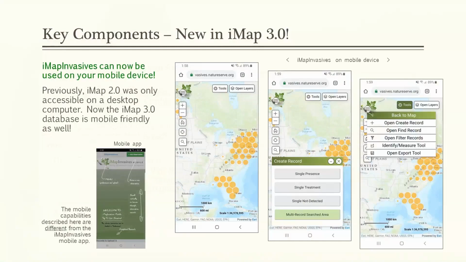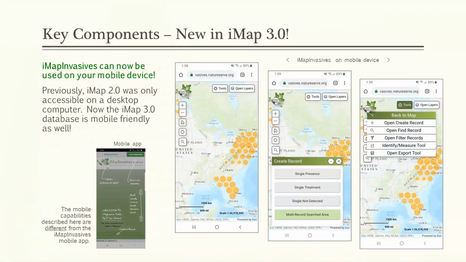iMap is also now a platform that can be used on your mobile device. Previously, the older version of iMap was only accessible on a desktop computer, but now the new iMap 3.0 database is also mobile friendly, which is wonderful. Now bear in mind, what I'm referring to here is actually separate from the iMapInvasives mobile app, which some of you might be familiar with already.